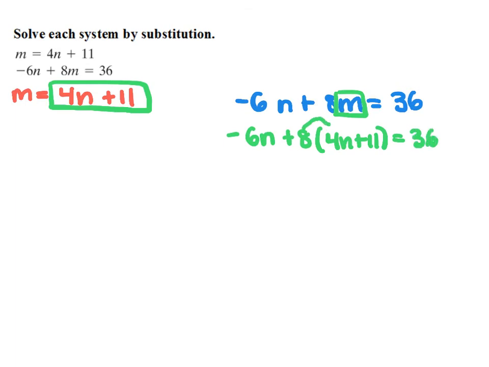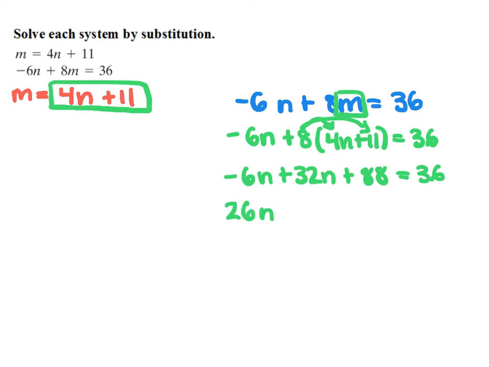Now when you distribute the 8, it becomes negative 6n plus 32n plus 88 equals 36. Combine like terms to get 26n plus 88 equals 36.